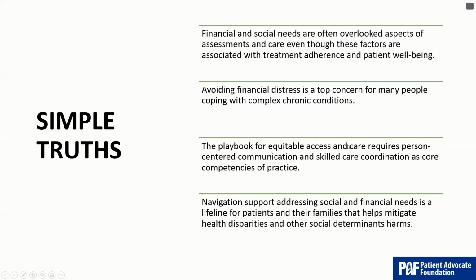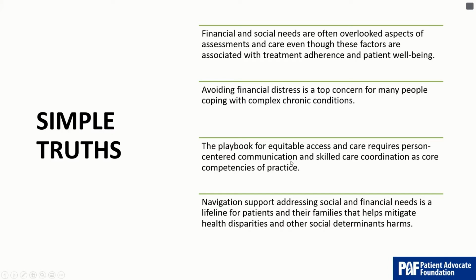And so these are just a few things. I'm not going to read every one. I know everybody got the decks before we started, but this is what we know, right? So we know not only is financial distress and avoiding financial distress a top concern, we know that these financial and social needs are often overlooked aspects of the care that patients received, often not even talked about or addressed from the providers.